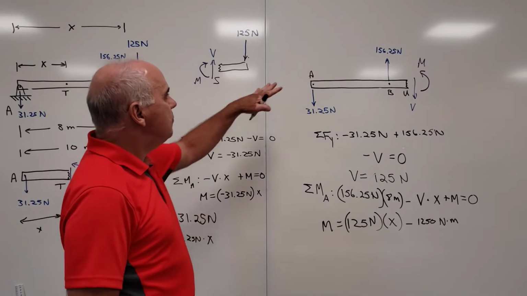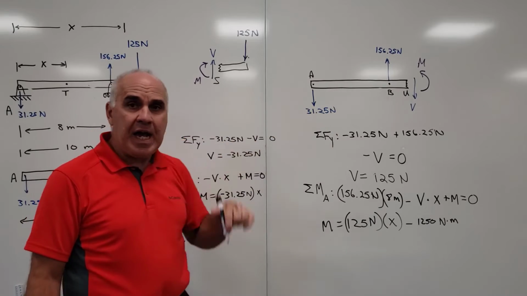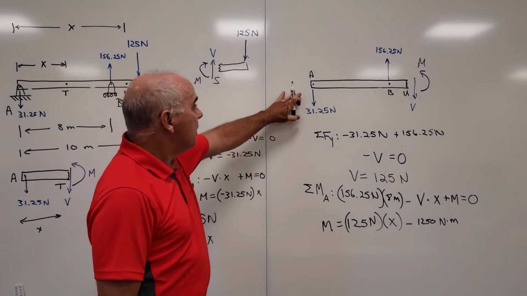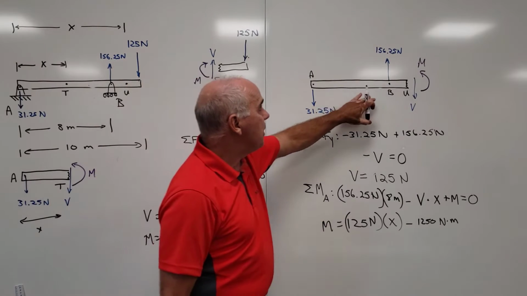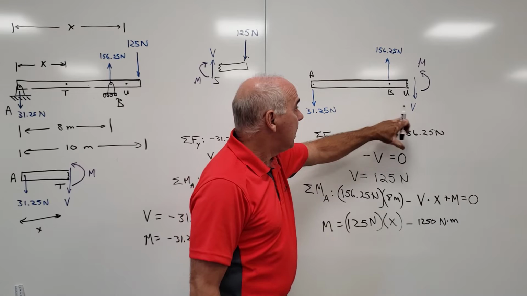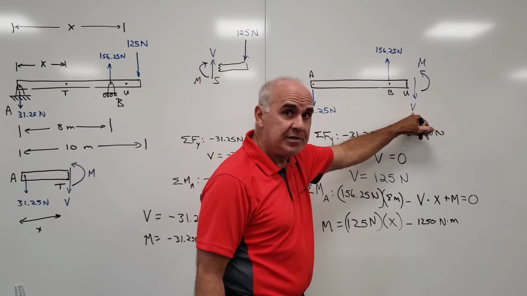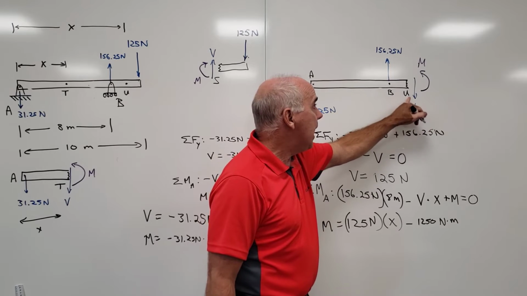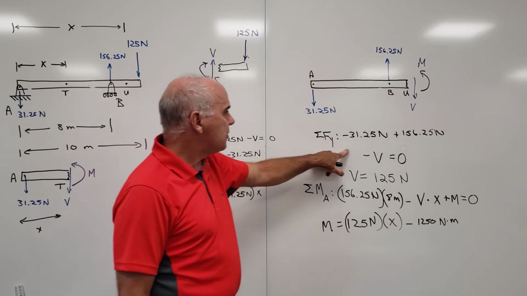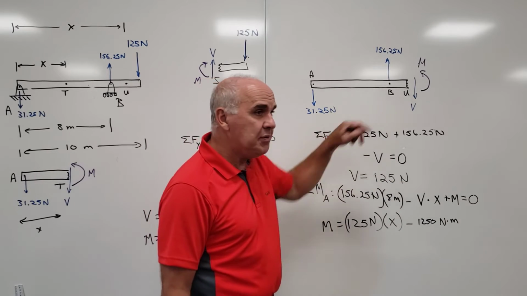All right, then, when I take a look at the other side of B, so I'm at position U now, I have 31.25 still there, I've got 156.25 newtons at B, and then I've got a shear force of V down, again that's the standard, down at U, and then the moment at U. And so sum of the forces in the y, I get V is equal to 125 newtons, right?